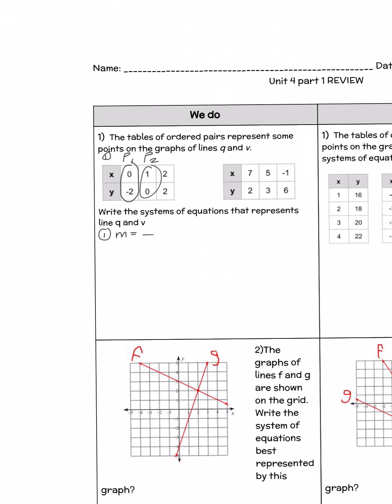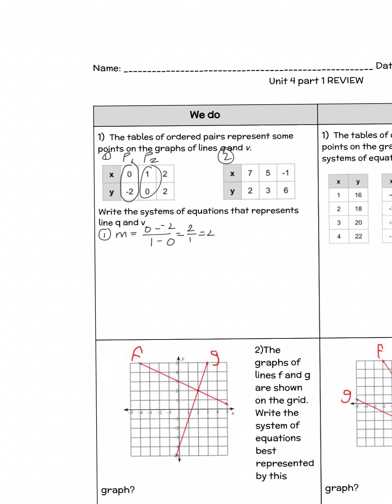So I will do 0 minus -2 over 1 minus 0. This is my x column, this is my y, so m is equal to y2 minus y1 divided by x2 minus x1. So this gives me 2 over 1, and therefore my slope is 2.